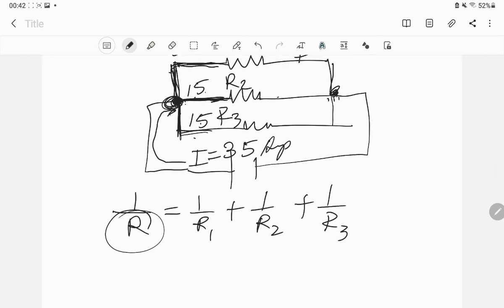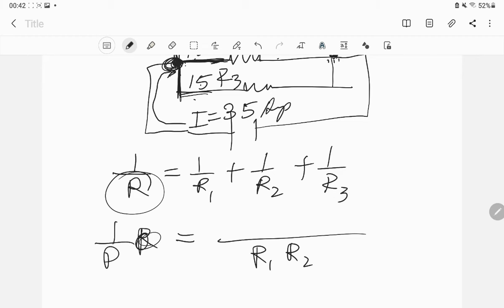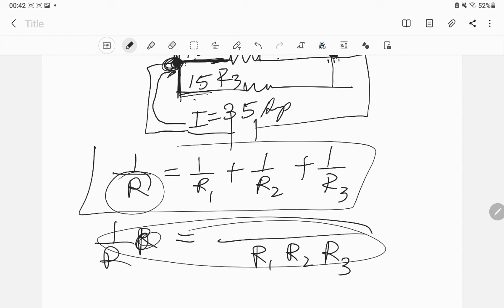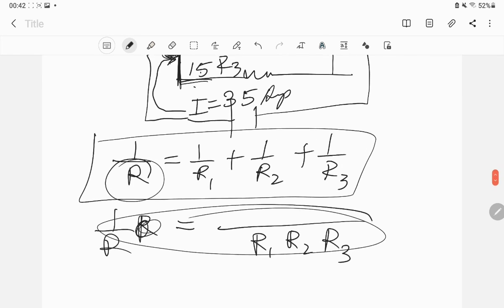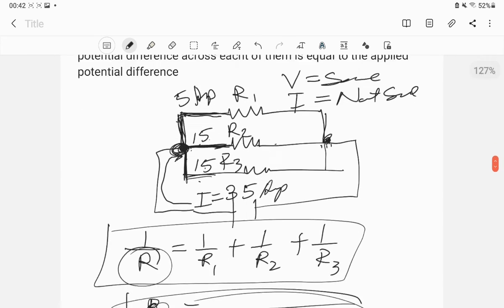If you take the LCM of R1, R2 and R3, you can find R, but there is no need to do all this. This is the formula for resistance in parallel.